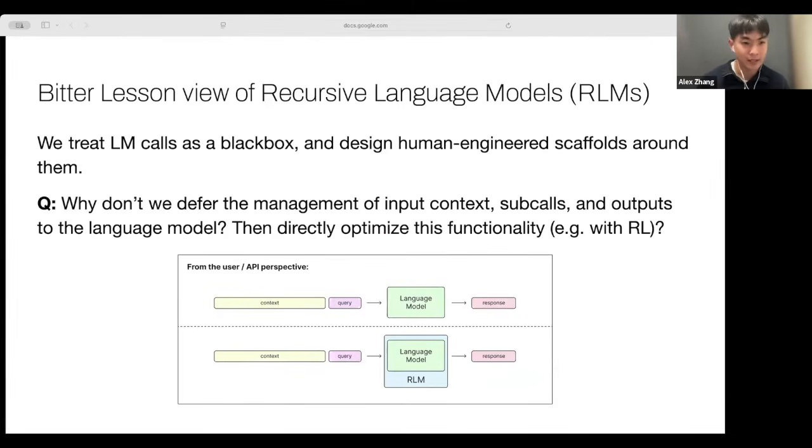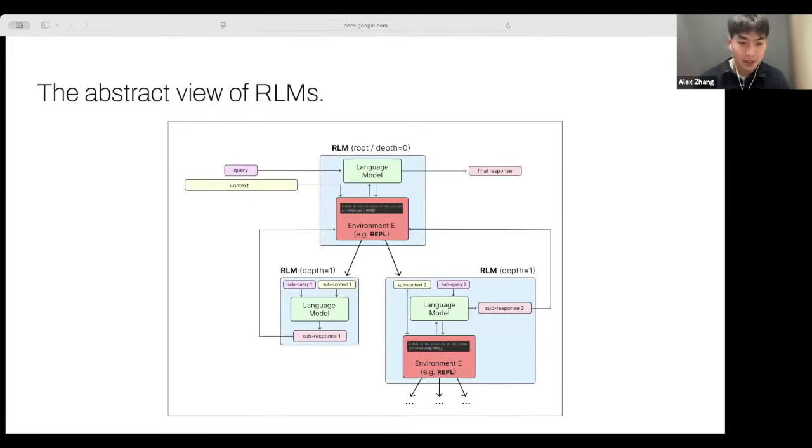So the view we take is that an RLM is effectively just a language model from the perspective of the programmer or user. But from the perspective of someone training or using this system, they can take advantage of how it is used to better optimize it. Sorry, I'm seeing lots of things in the chat. Maybe I can address some of these afterwards.